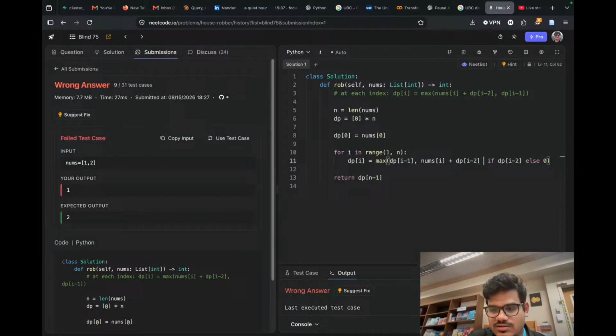This will be if i minus 2 is, let's say, greater than or equal to 0, right? So only if this condition is satisfied, we will be using dp.